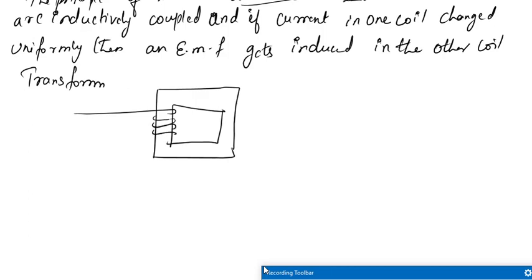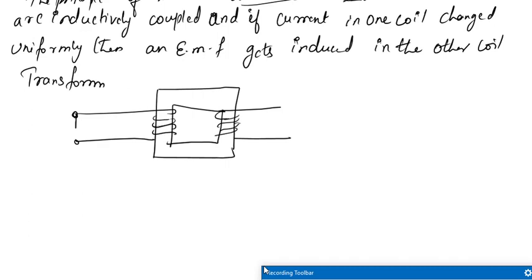So you can just wind it. And this side also you can coil it. This is what we call a coil. We are coiling it on both sides.